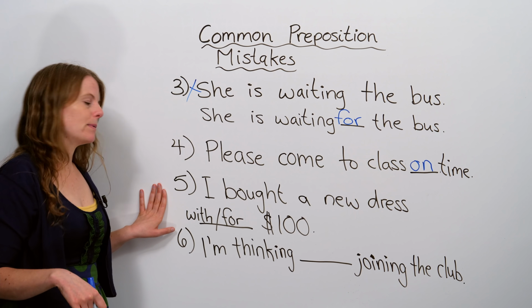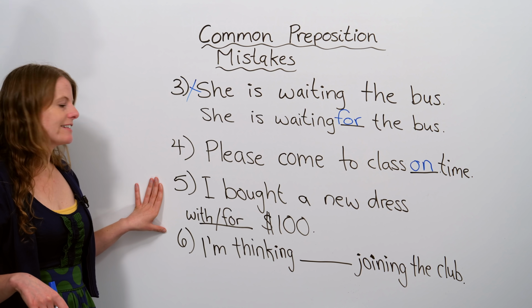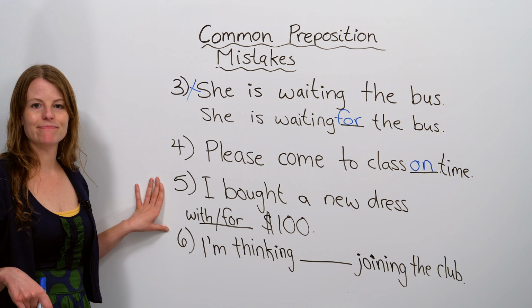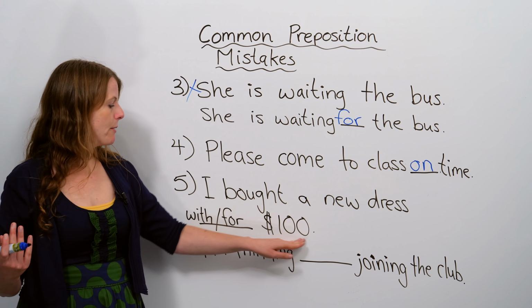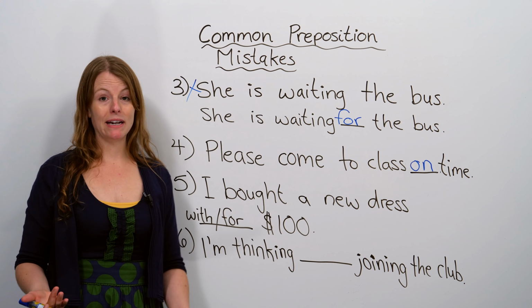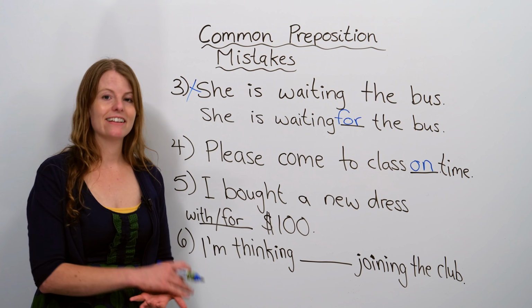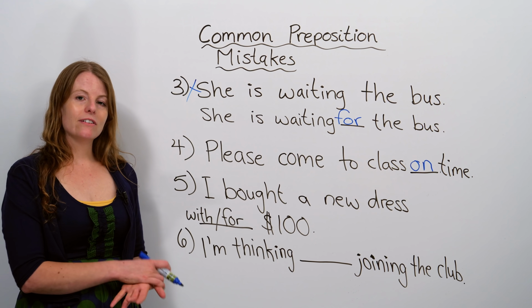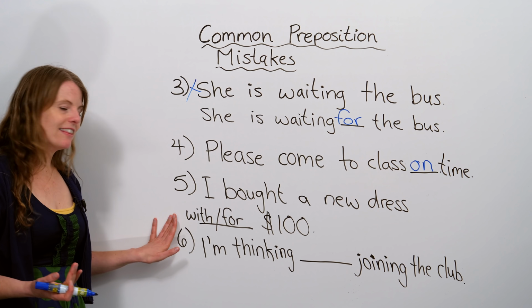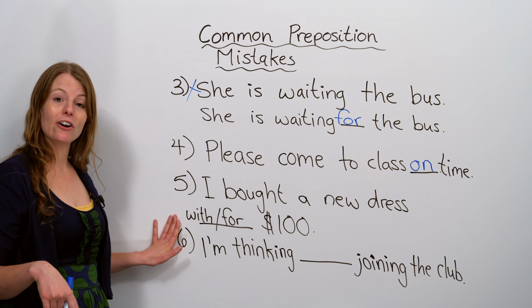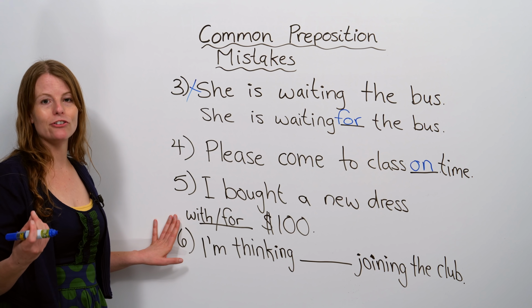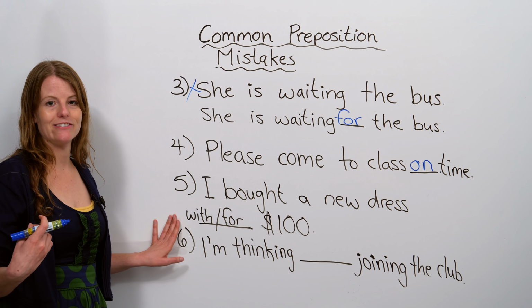Let's look at another example. I bought a new dress $100. A lot of people make mistakes when we're talking about money and how much money we spent to get something. So what do we use? Do we use with or do we use for? I bought a new dress with $100 or I bought a new dress for $100.